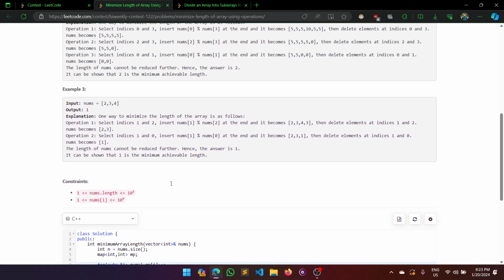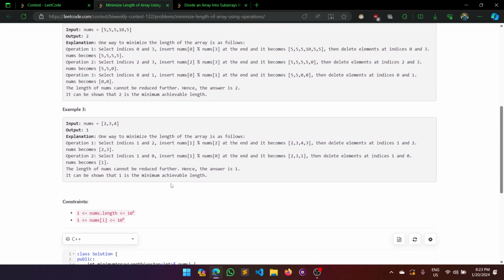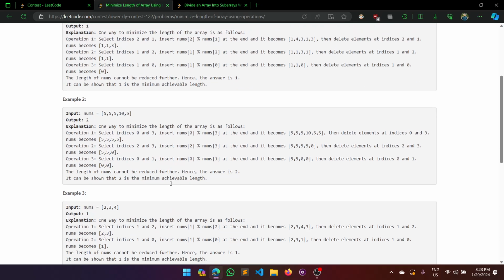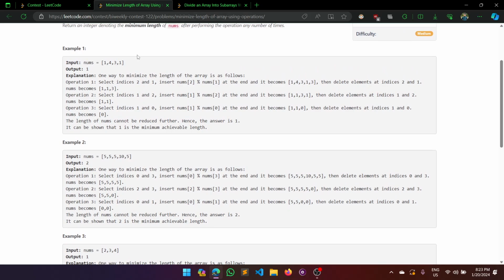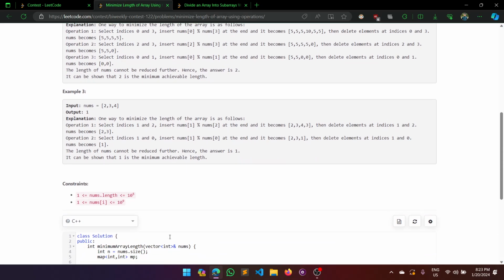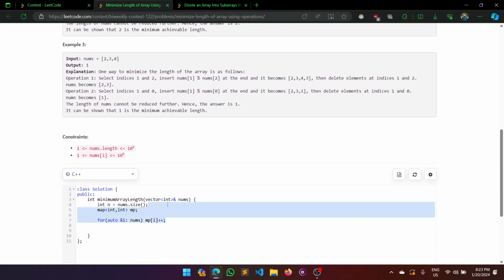Then we only want the smallest number that we have in the array and its frequency. Yeah, the frequency of the smallest number. We don't even care about the rest. Let's make it more efficient.